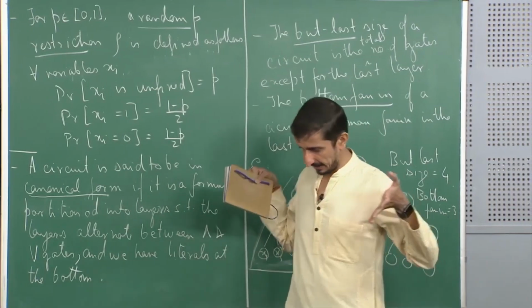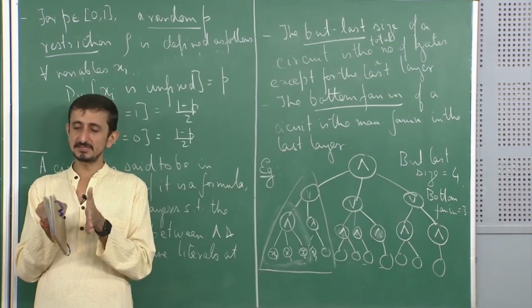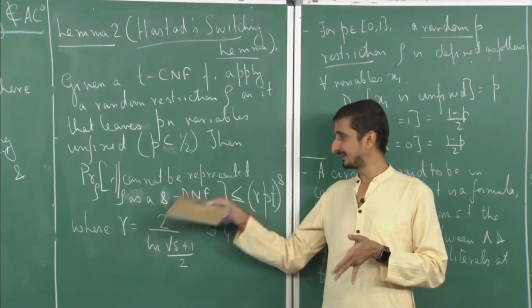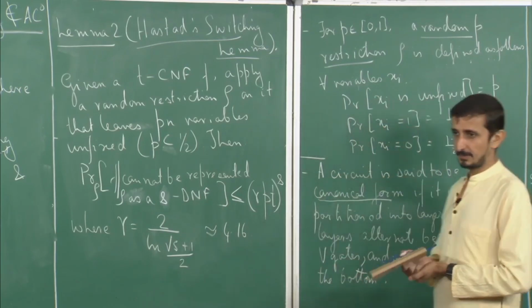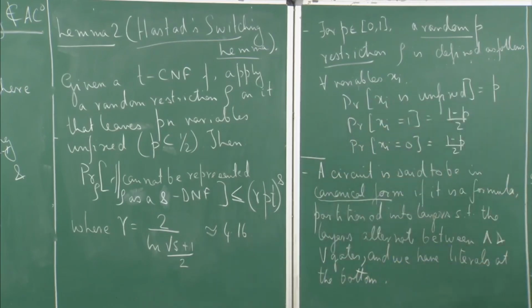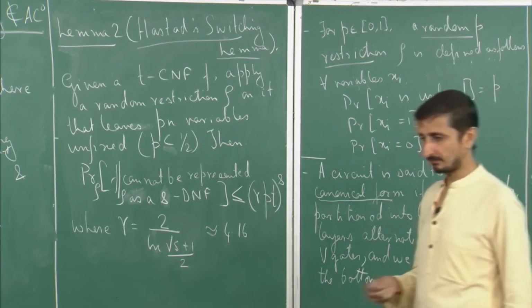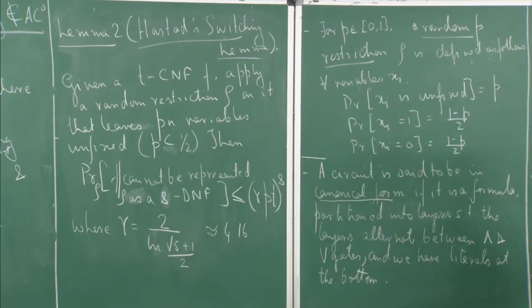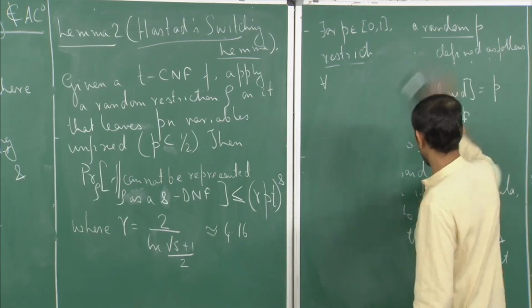If you restrict the DNFs to have very few literals per term, then the chance that it can be represented actually decreases. That is exactly what this is saying. Anything else? So now let us just fix the details and complete the proof of lemma 1.